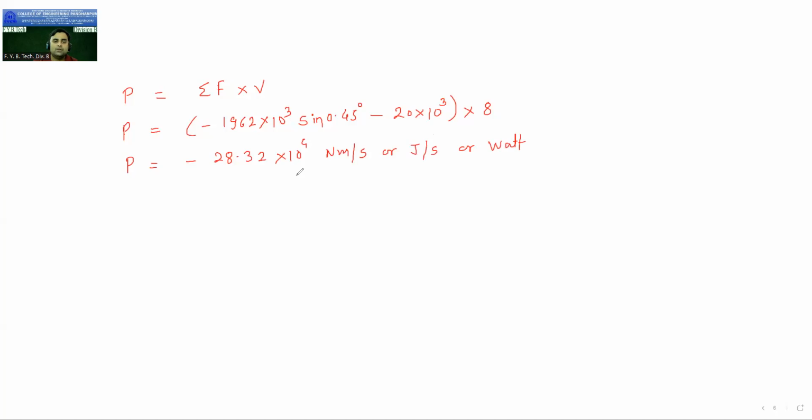These are the units. So I can write this as minus. Here if I shift this decimal point over there, then it will be 283.2 into 10 raised to 3 joule, which is nothing but minus 283.2 kilojoule.